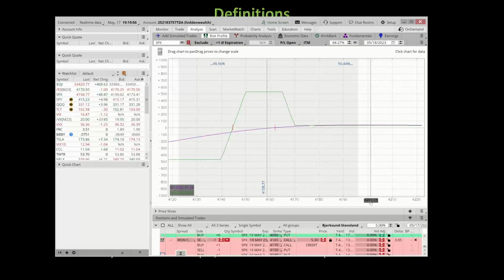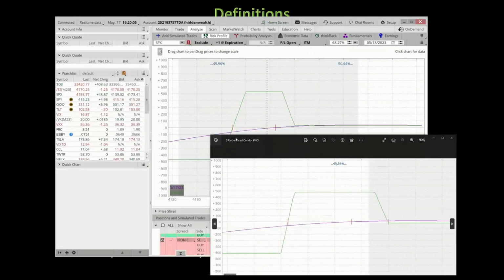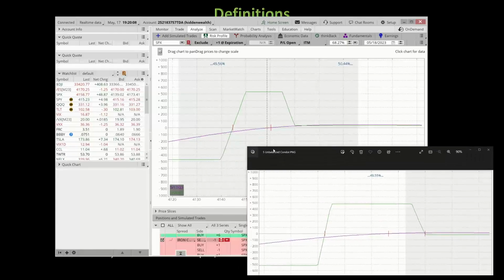But if you take a graph of an unbalanced condor, and I'll pull one up real quick, here's an unbalanced condor, and there's an iron cockroach.